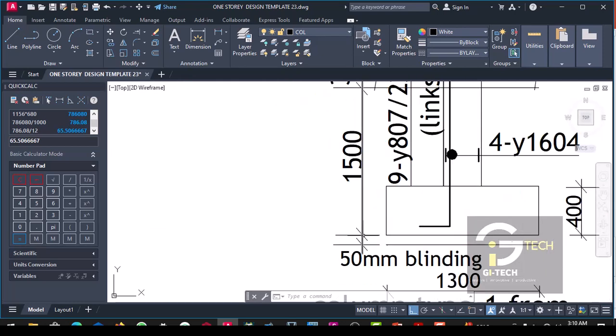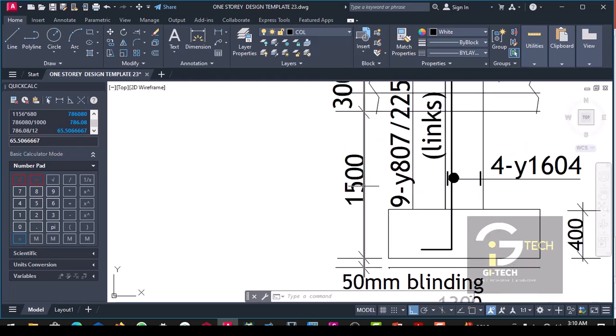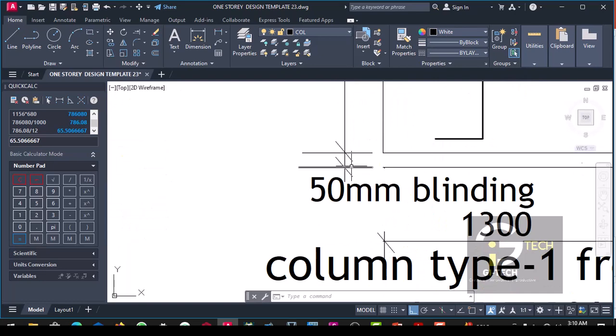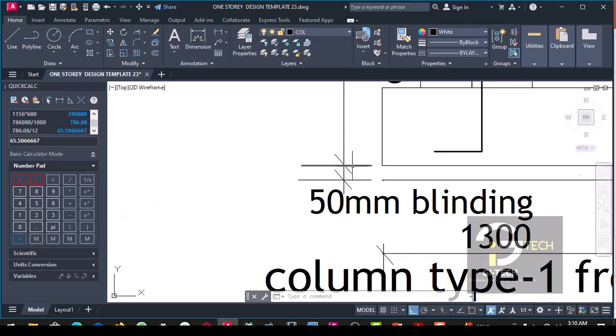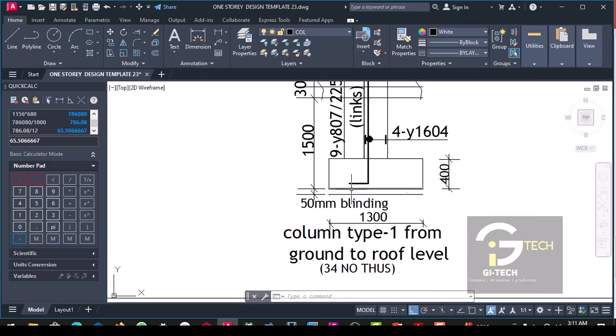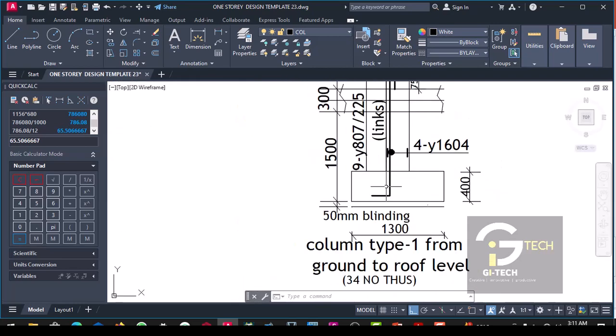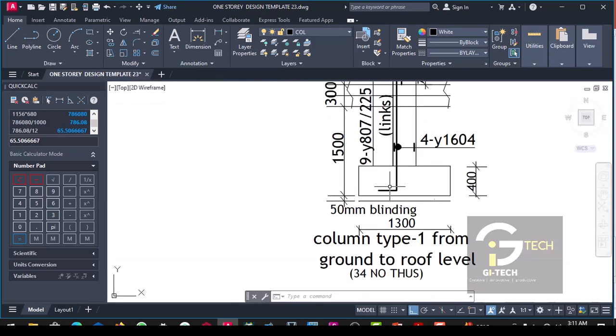So we said that from here to this place is about 1,500, excluding blinding. So we want to calculate the length of this reinforcement now.